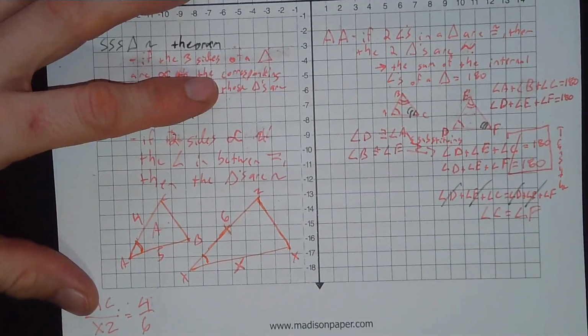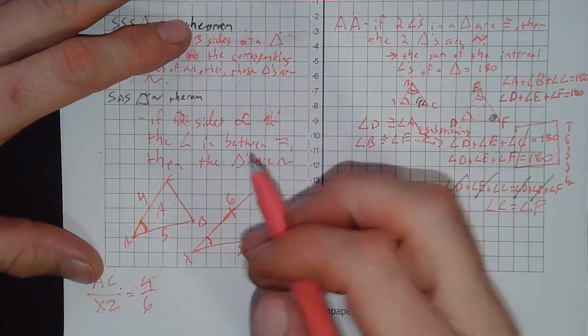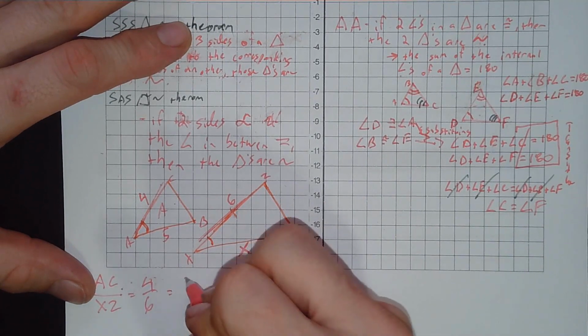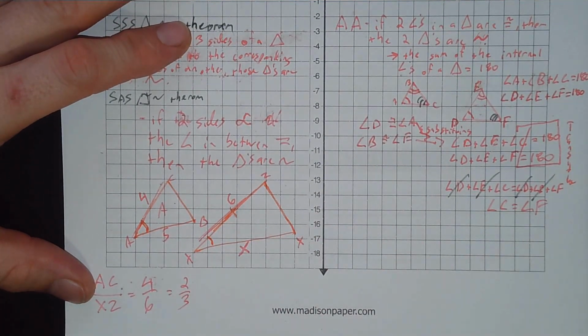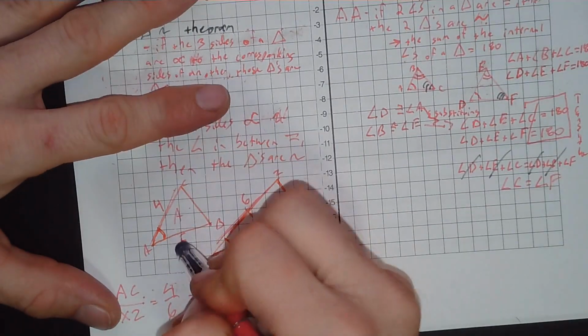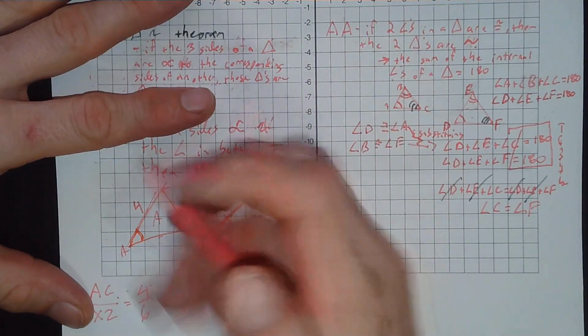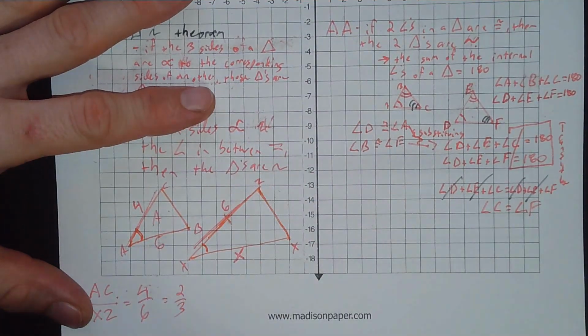So this one to this one equals 4/6 or 2/3. Maybe we'll make this 6 for the math. It'll be easy for me in the morning.